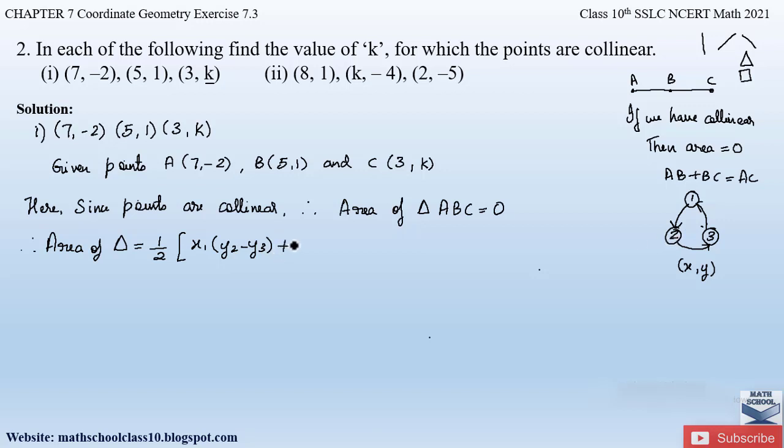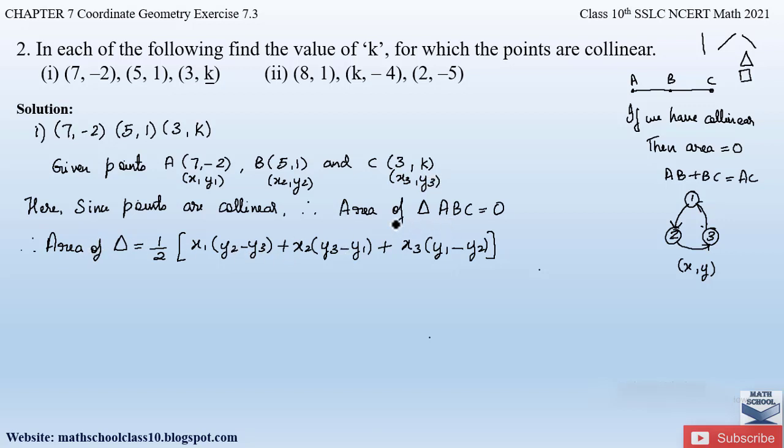So we will take here plus x2 into (y3 minus y1) plus x3 into (y1 minus y2). In this manner we will write the formula and it will be easier to remember. Now let us assume point A to be (x1, y1), point B to be (x2, y2) and let point C be (x3, y3). Now substitute all these values in the formula.